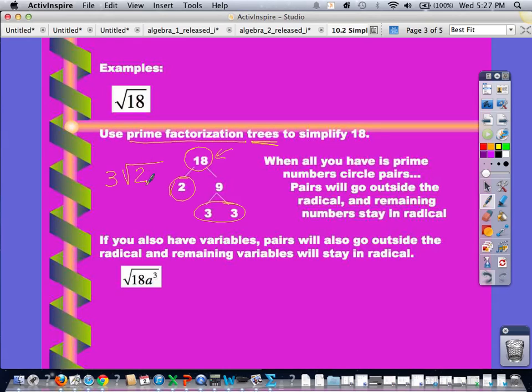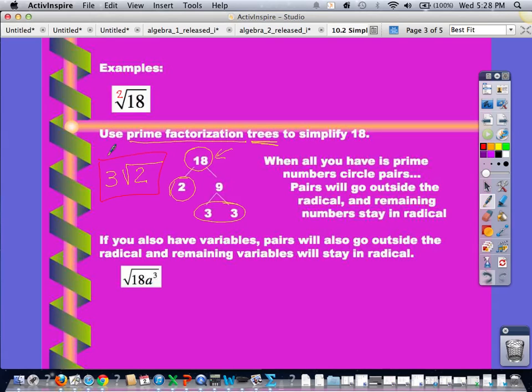Okay? Something else to help you remember, in the radical sign, and I know we talked about that earlier in the year, if there is no number in the little hook of the radical sign, that's called the index. There's no number there, it's considered to be a 2. So that's why you take out pairs, okay? All right, so this one is now factored, taken out and simplified as far as it can go.